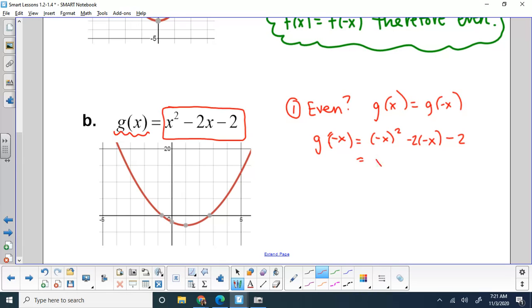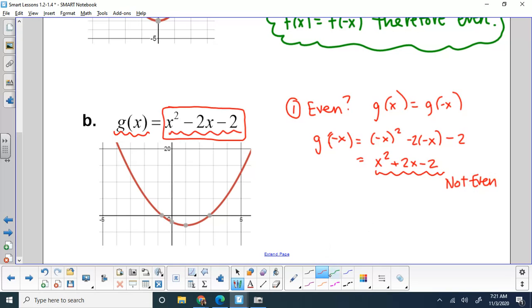Well, negative x squared is a positive x squared. A negative 2 times a negative x is a positive 2x. And then the last is just a minus 2. So as I look at this, this is not the same as what we started with. Therefore, is it even? Nope. So it is not even.